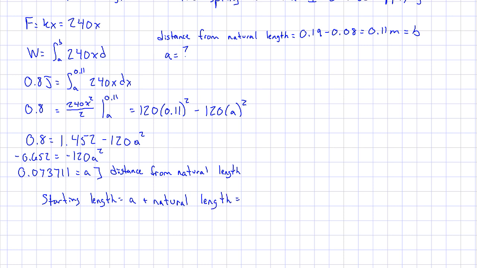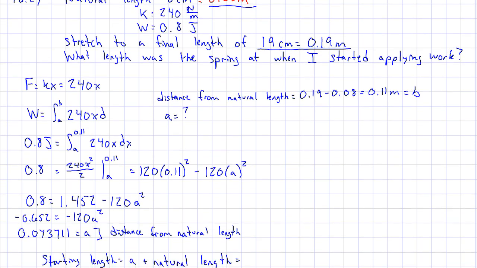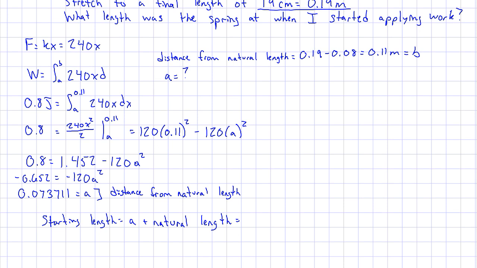And in this instance, my natural length was, let's see, I apologize, I just forgot it, 0.08, okay. So I have 0.073711 plus 0.08, and I get 0.15371 meters.